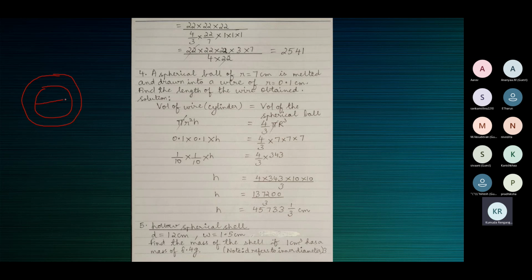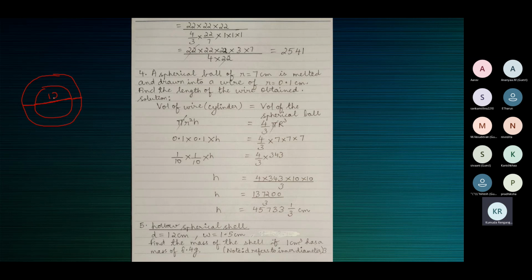This is the inner diameter, which is 12 centimeters. The thickness here is 1.5, and here is also 1.5. So what will be the outer diameter? 7.5 into 2, 15.